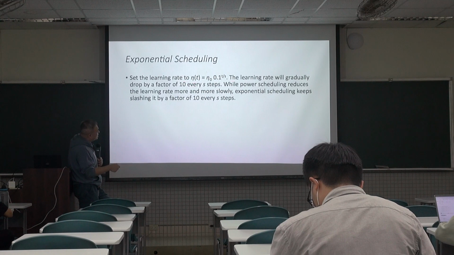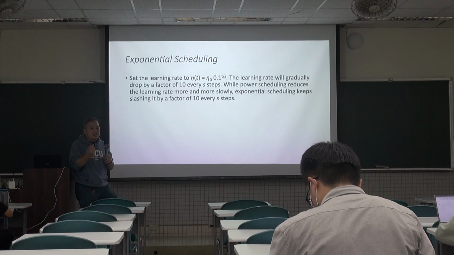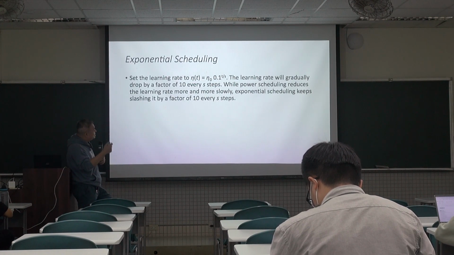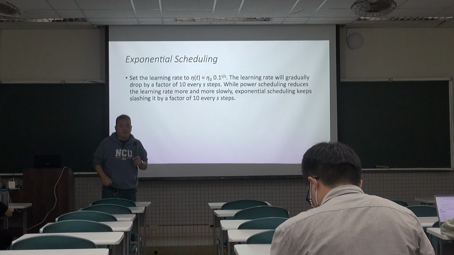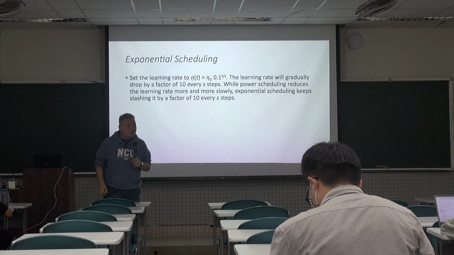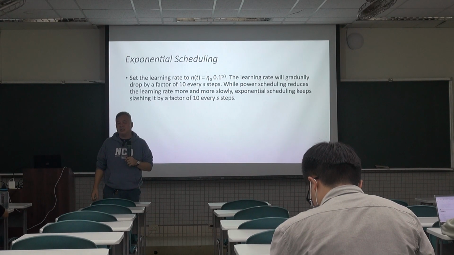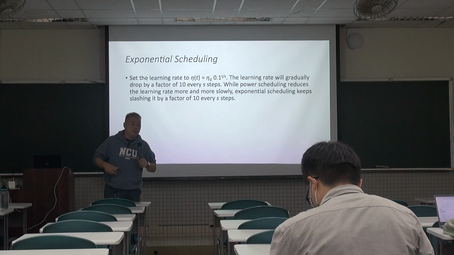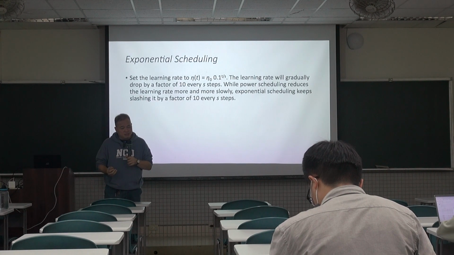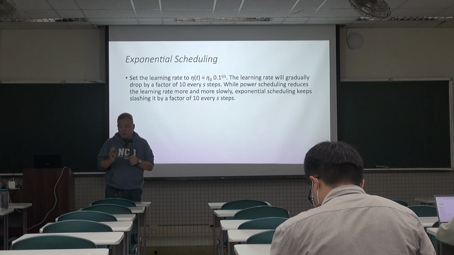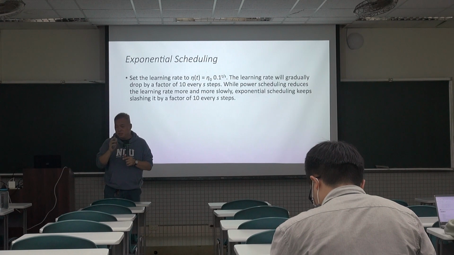In this formula, you can see that every s iterations the learning rate is reduced by 10 times, and this reduction rate remains the same for every s iterations.